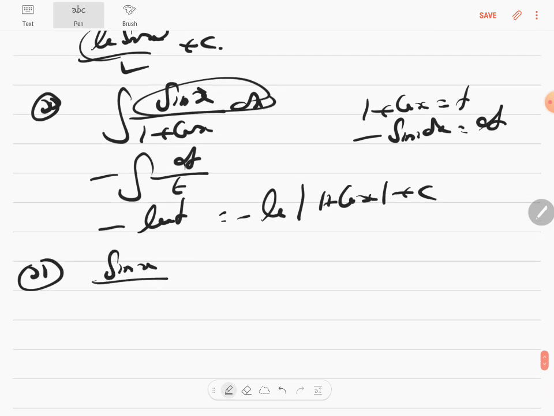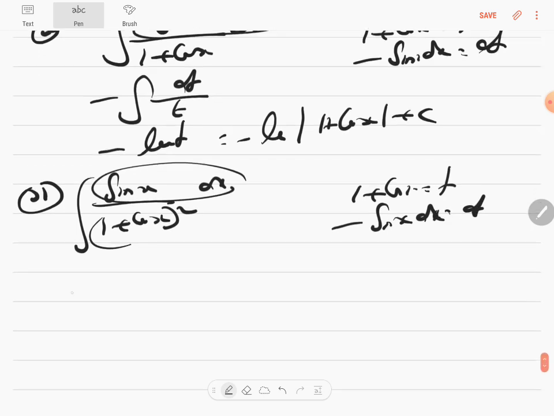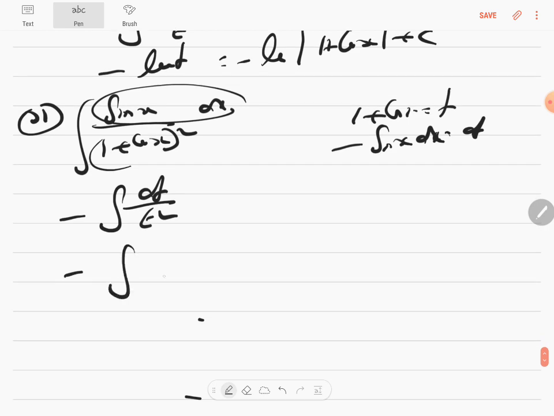Let's go to 31st question. Sin x by 1 plus cos x the whole square into dx. Take 1 plus cos x as t, which means minus sin x into dx becomes dt. Sin x dx becomes minus dt by t square, which is t to the power minus 2. So then t to the power minus 2 plus 1 by minus 2 plus 1.